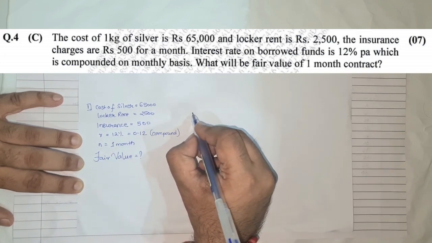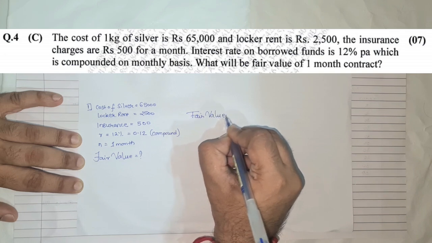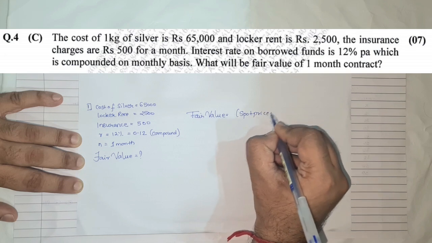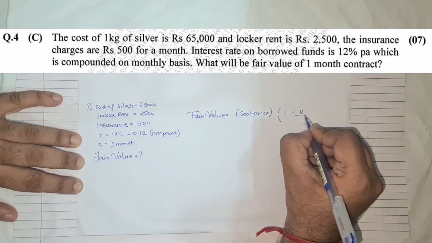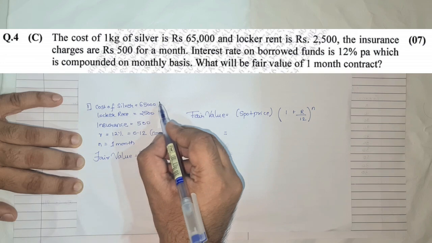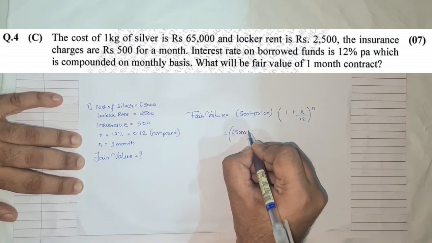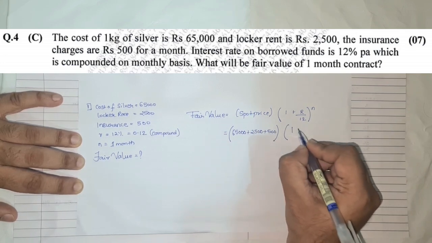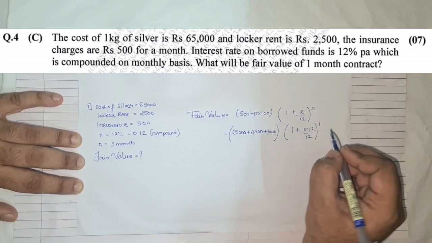Now we know the formula of fair value, so chalo, let us see. Fair value is equal to the spot price into (1 plus r upon 12) raised to the power of n. Now in our case, spot price is made up of all the values they have given as the cost, so that is 65,000 plus 2,500 plus 500 into (1 plus 0.12 upon 12) raised to the power of 1.